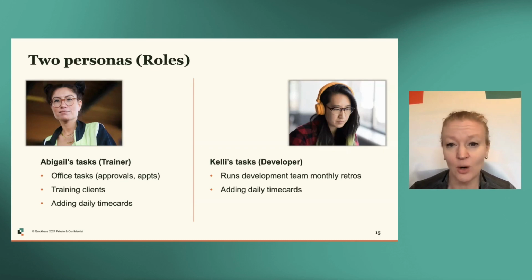Well, there's overlap here between Abigail and Kelly. They both do timesheets, but on a bigger level, they do different things in the application. So how can we customize the application to suit their needs and their tasks? That was the second principle: optimize for users' tasks in the application.